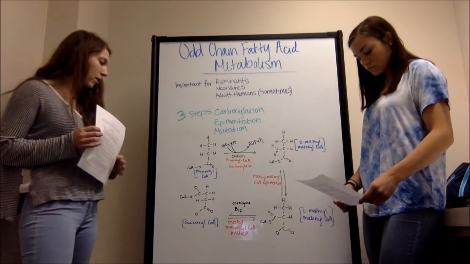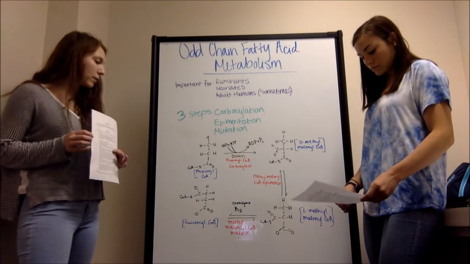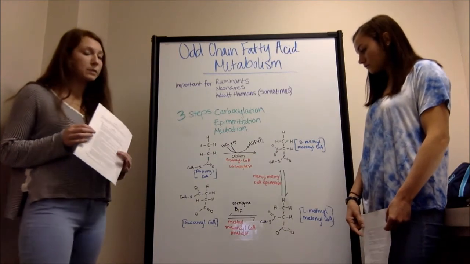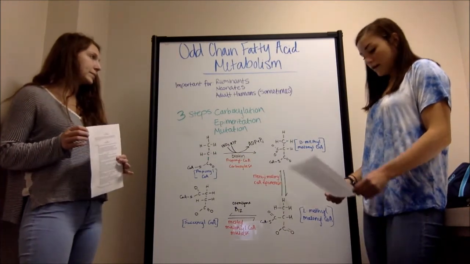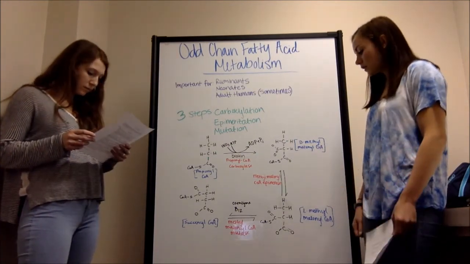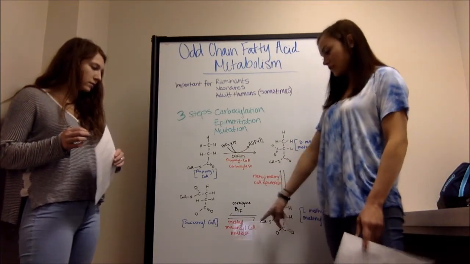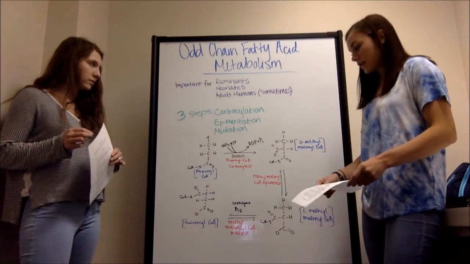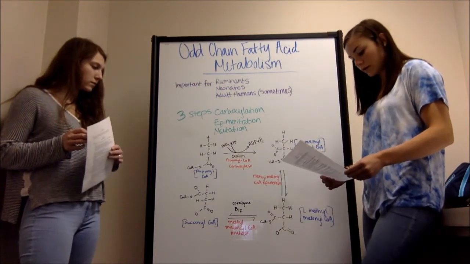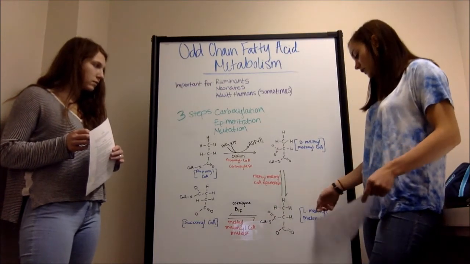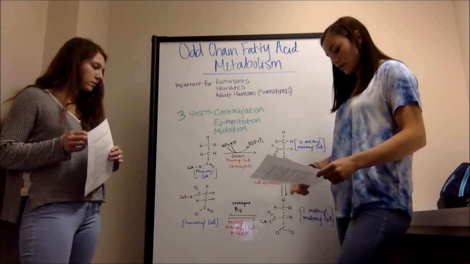The enzyme involved is methylmalonyl-CoA mutase, and the coenzyme is B12. We're not going to go into a lot of detail about the mechanism of the mutase reaction, but do know that it's important because it requires cobalt, and that the hydrogens are not lost, they just switch places in that reaction.